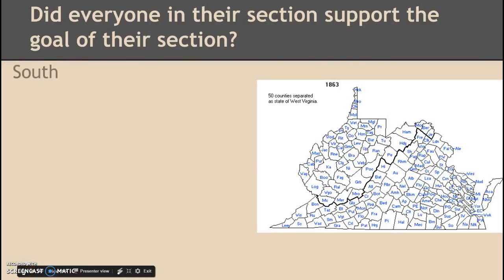In the South, not everyone supported secession. Some Southerners remained pro-Union and refused to support the Confederacy, although they did form a pretty tiny minority, probably under 2%.